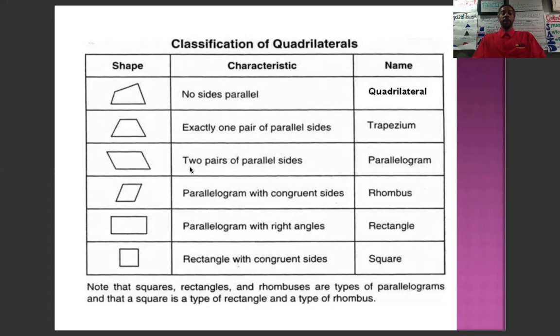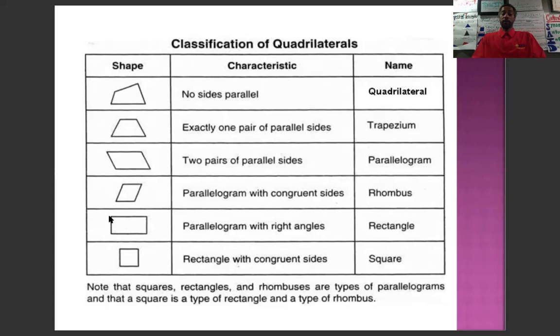A parallelogram has 2 pairs of parallel sides. A rhombus is a parallelogram with congruent sides. Congruent means equal. A rectangle is a parallelogram with right angles.